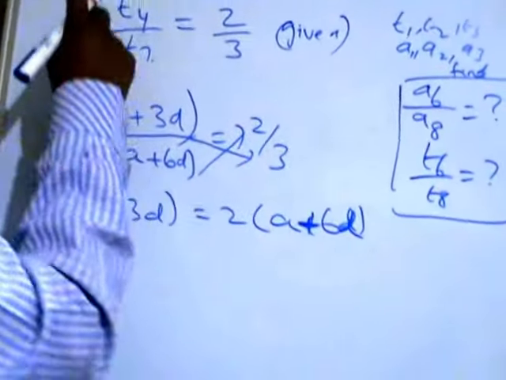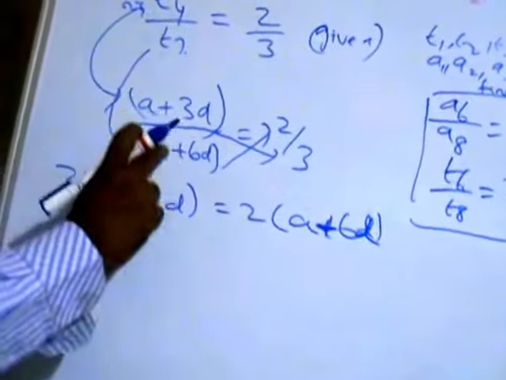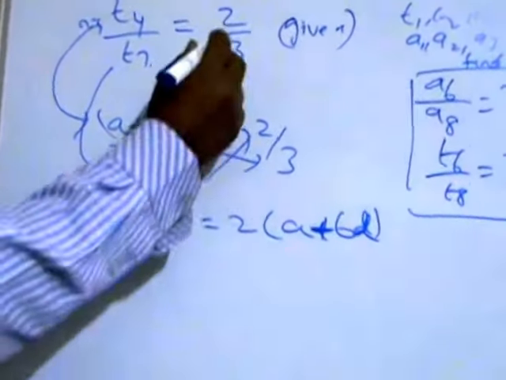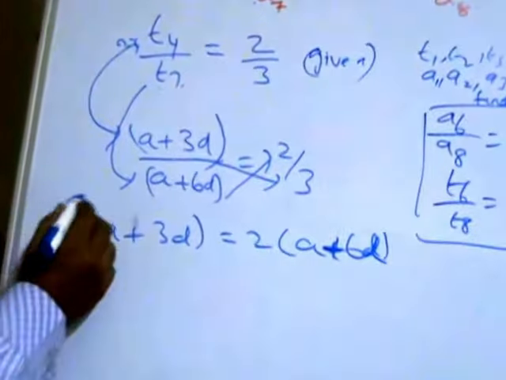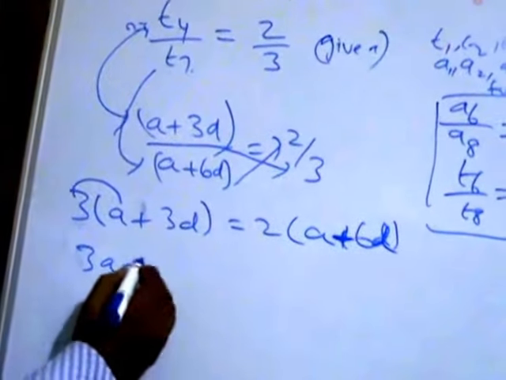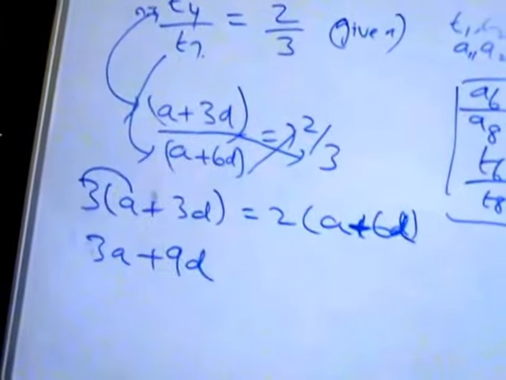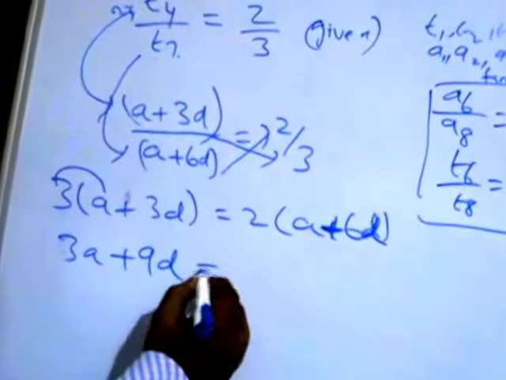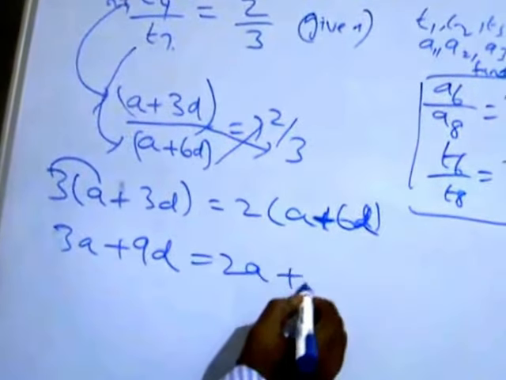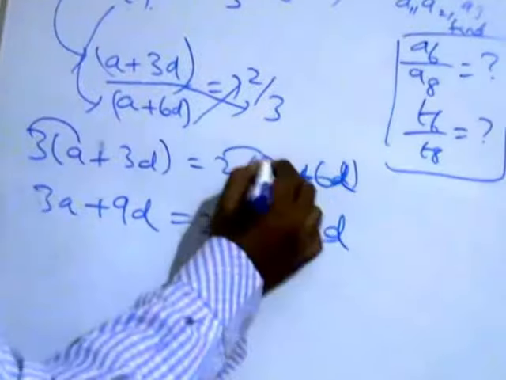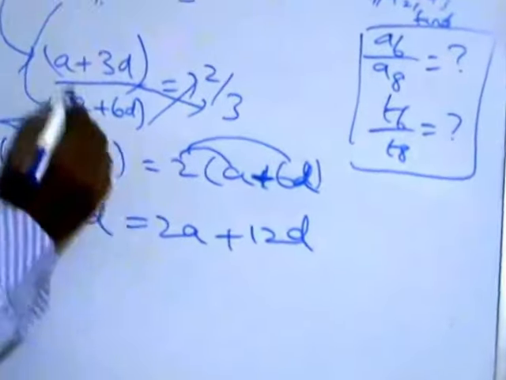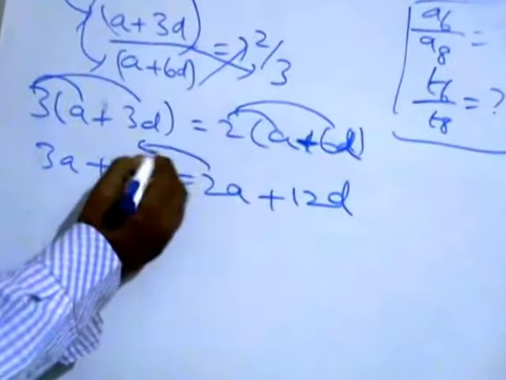So this ratio is given. Term 4 is A plus 3d, term 7 is A plus 6d, equal to 2 by 3. You cross multiply and then expand: 3A plus 9d equal to 2A plus 12d. Okay, bring all A's to one side.